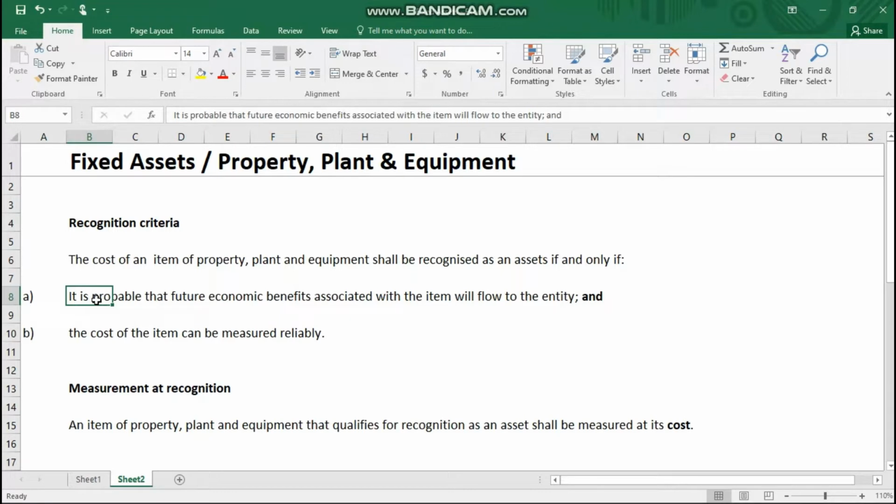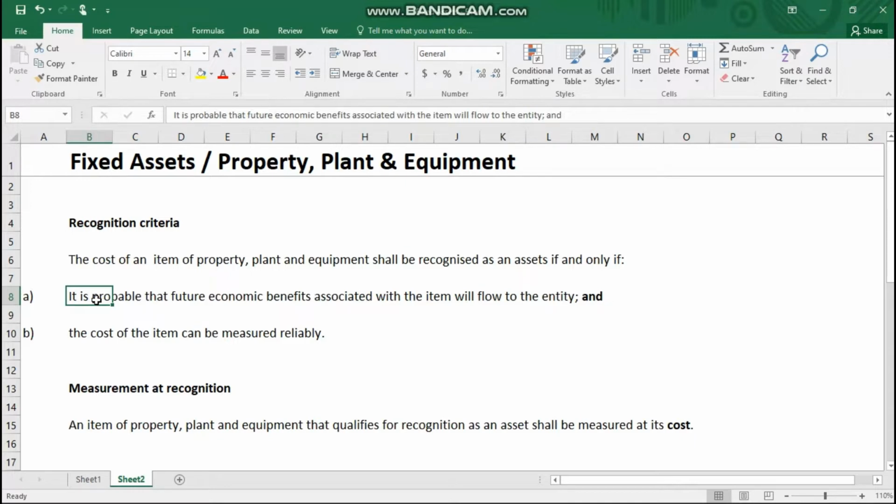So the first condition is that that benefit will flow to the entity, meaning that the entity will be able to obtain that benefit, and will be able to operate that machinery in order to get the products manufactured, and then sell them to the customer. So in a way we are saying that all the economic benefits associated with that machinery are flowing to the entity, the business entity itself.